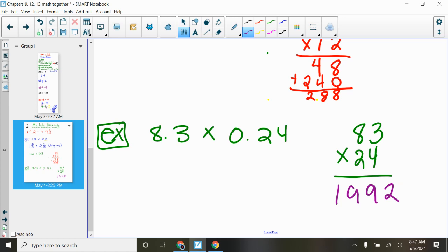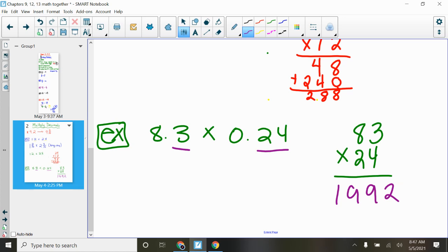Who got that? All right, now the big question is, where does the decimal go? So let's go into the problem. The problem has 1 digit after a decimal point in the first number, but it has 2 digits after the decimal point in the second number. So that makes a total of how many digits after decimals? 3. So in your answer, Tessa, where's the decimal going to go?